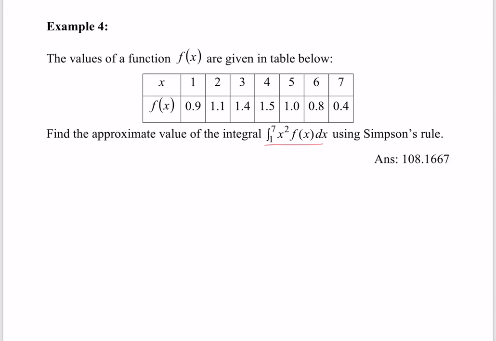So this will be a new function, you can say it is g(x), and then you integrate g(x). After you do some steps, you need to apply the Simpson rule, and the answer is given.